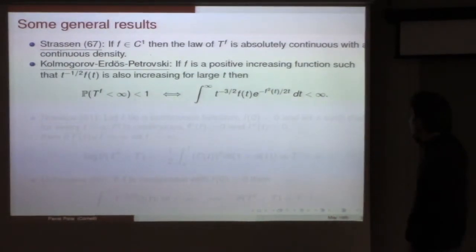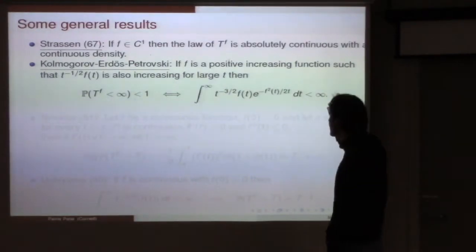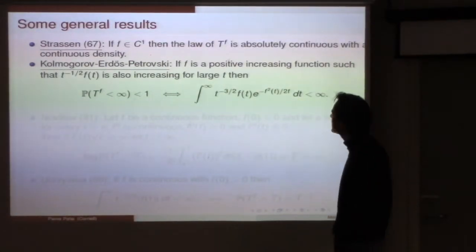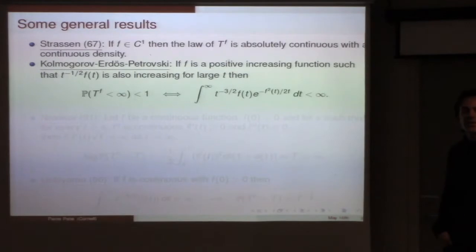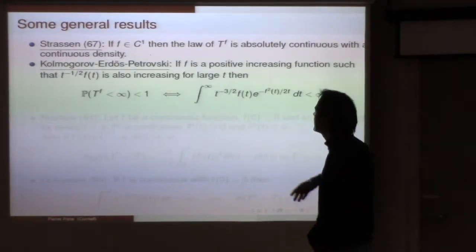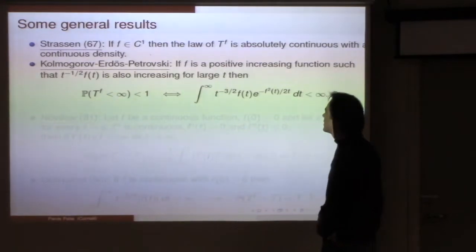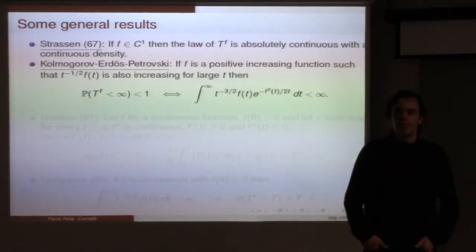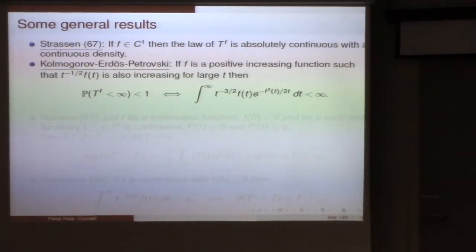Some of you might recognize in this integral test the density of the first passage time of Brownian motion to a fixed point, where the fixed point is simply replaced by the moving boundary.